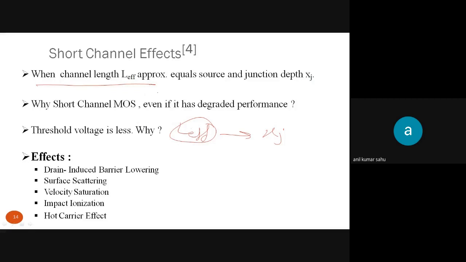There is the effect of short channel, meaning source and drain can be shorted, because the channel length is equal to the junction depth.